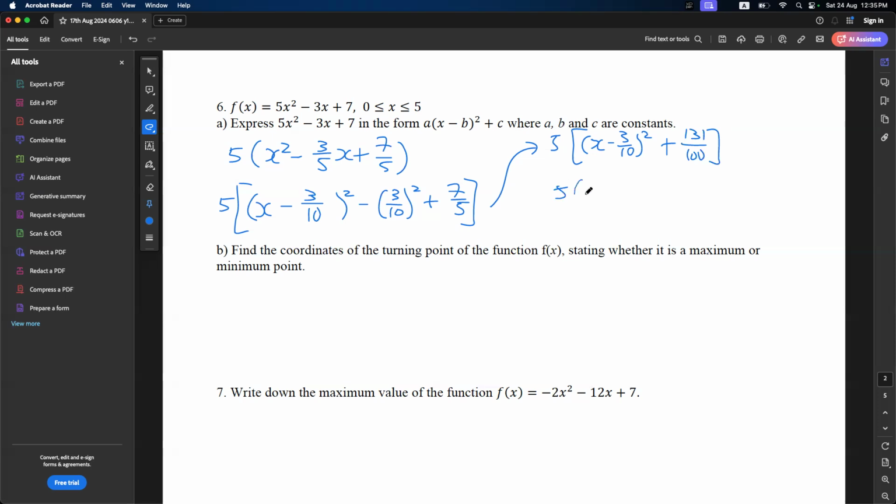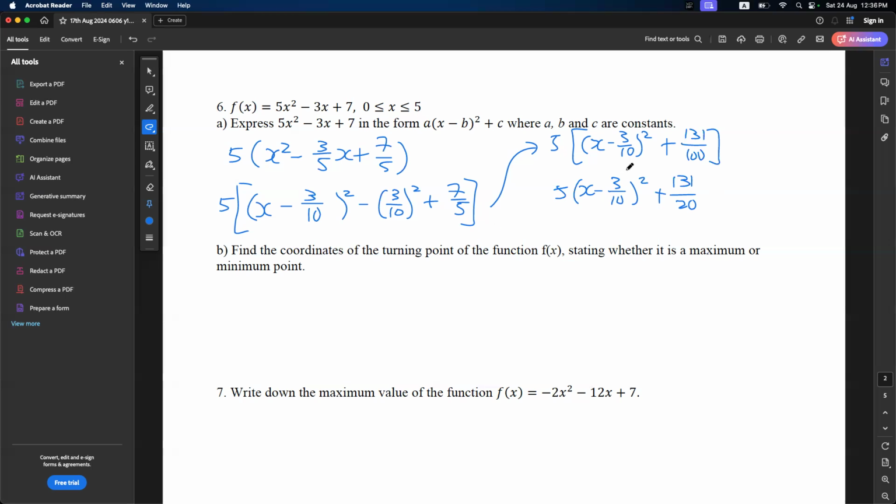Then multiply in the 5. You should get 5 bracket x minus 3 over 10 square plus 131 over 20. Okay. Make sure you guys type the bracket properly.